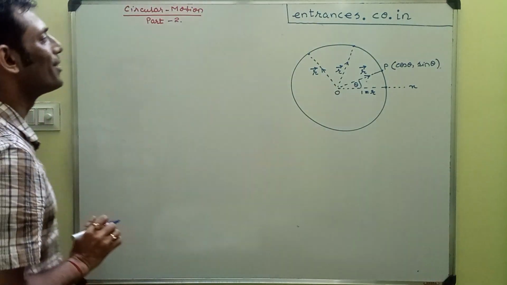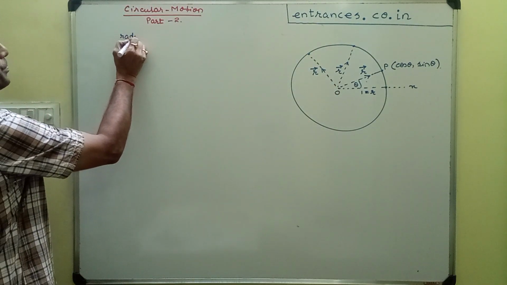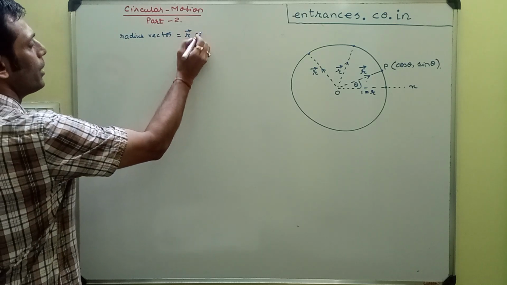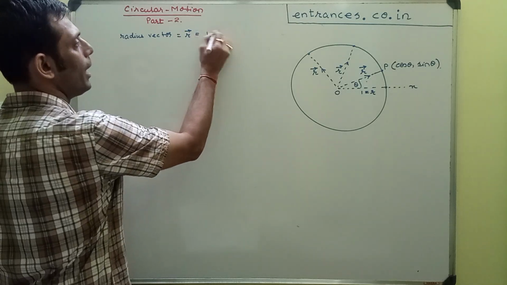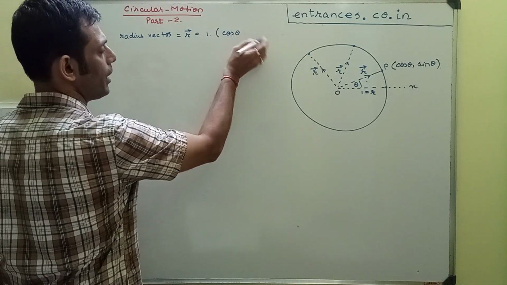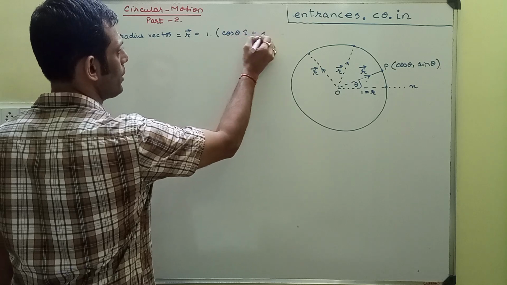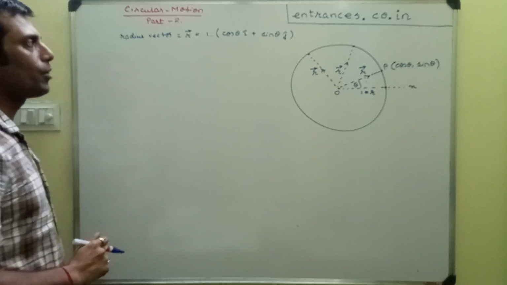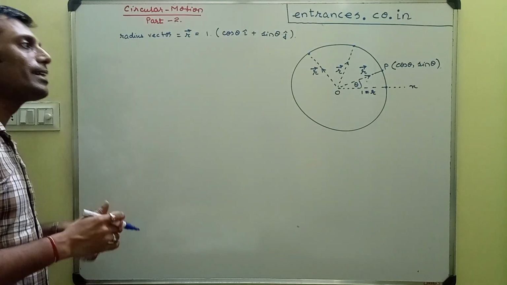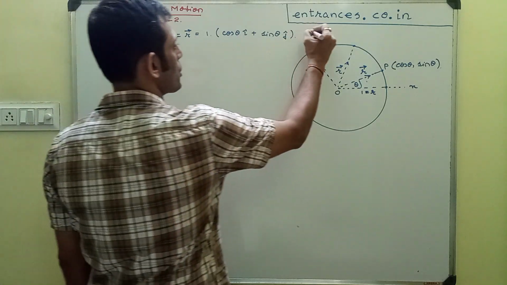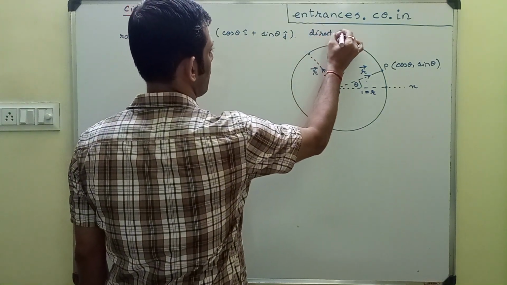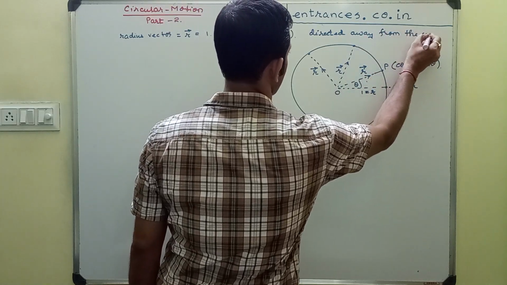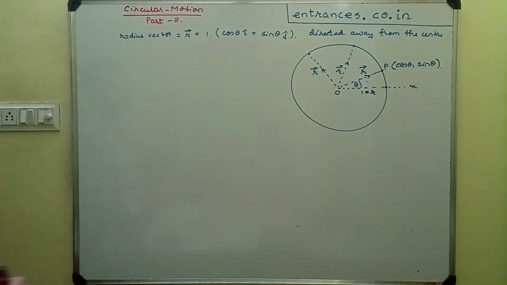So we can have a general definition for the radius vector. Let's call it r vector. Magnitude is equal to 1 unit, and components of i cap and j cap are cos theta and sin theta. So cos theta i cap plus sin theta j cap. This is your simple radius vector, or the radial vector you can say, and it is directed away from the center.